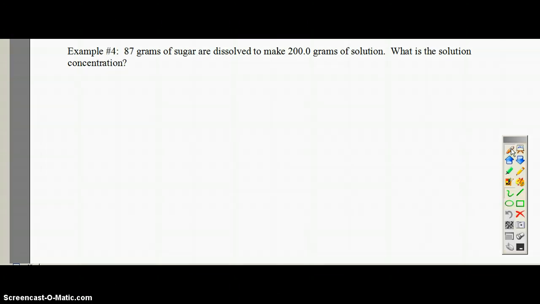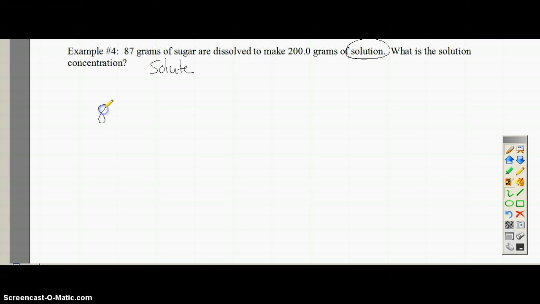The example we have here is 87 grams of sugar dissolved in 200 grams of solution. So again, my first thought process has to be identifying what I have here. Sugar is my solute, and I have solution, so I don't have to add. So I'm not going to have those 2 steps here.